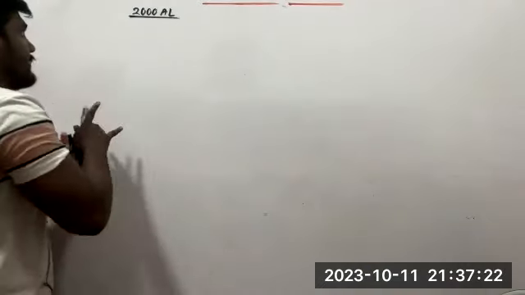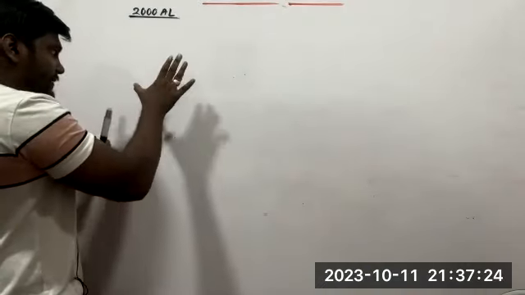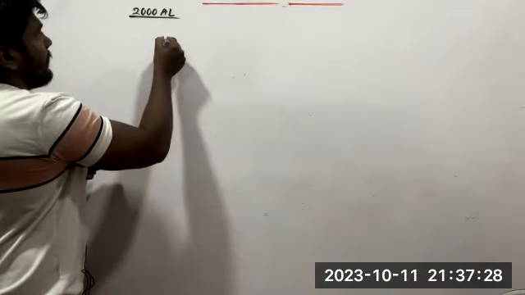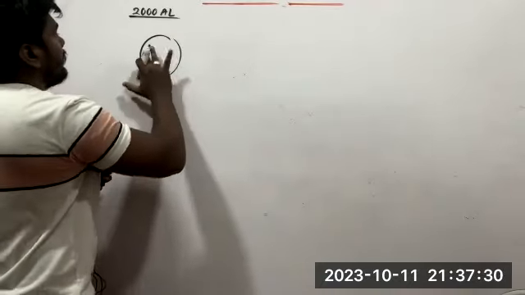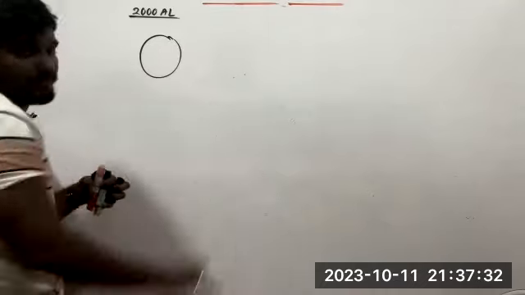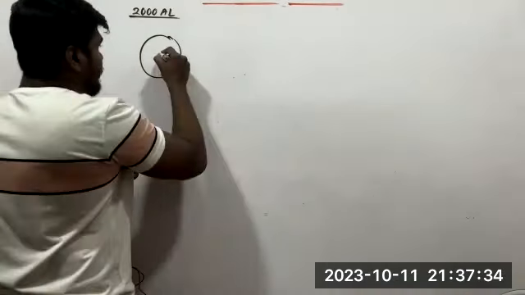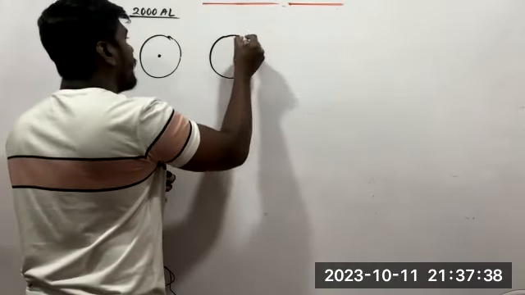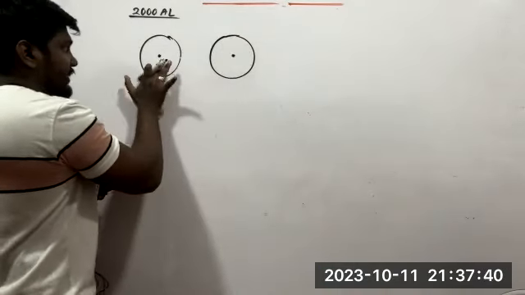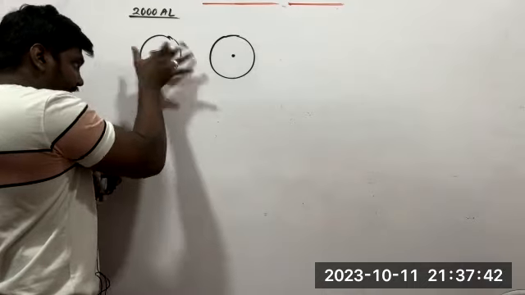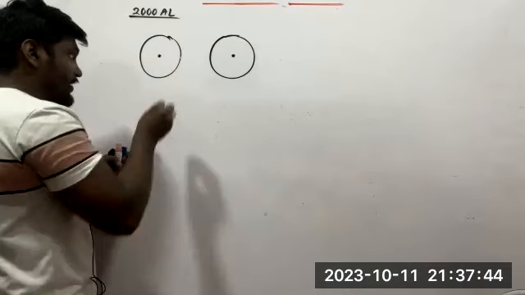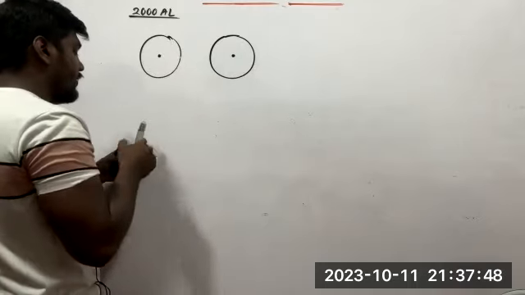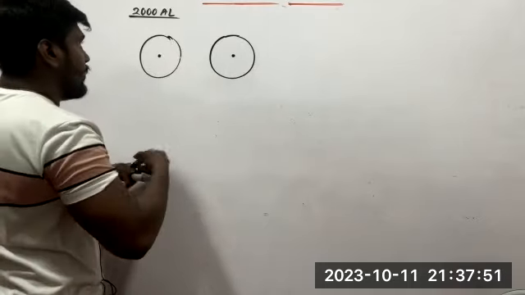Now, very carefully listen. Flywheel means some sort of wheel. Let's say initially this flywheel is at rest. Therefore, the initial angular velocity omega naught is 0.